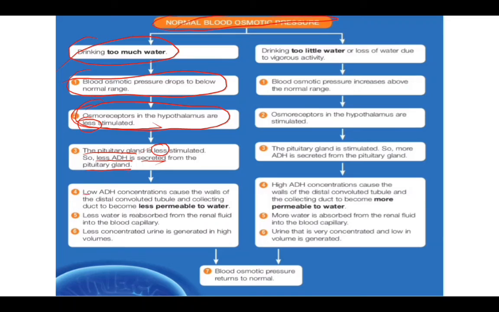So low ADH hormone concentration will cause the walls of the distal convoluted tubule and the walls of the collecting duct to become less permeable to water. So what happens? Less water is reabsorbed from the renal fluid into the blood capillary and less concentrated urine is generated in high volume.